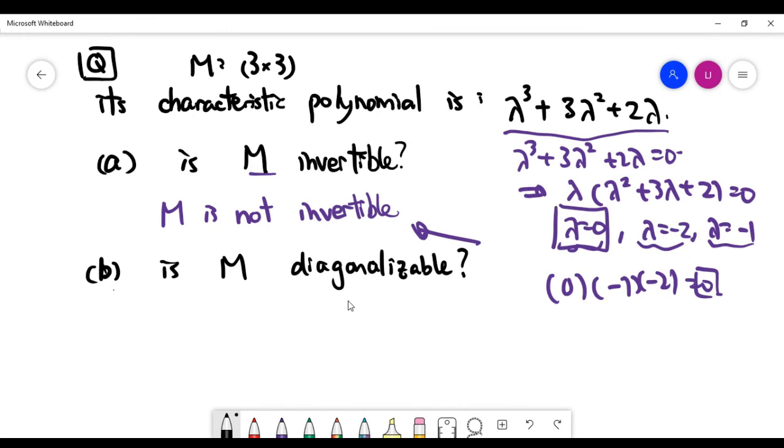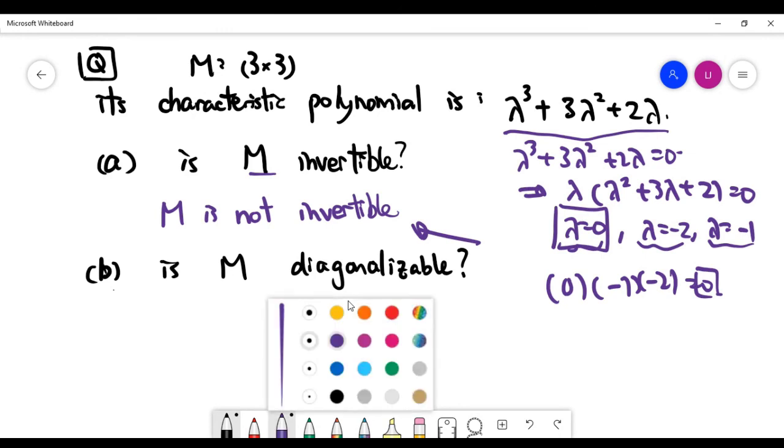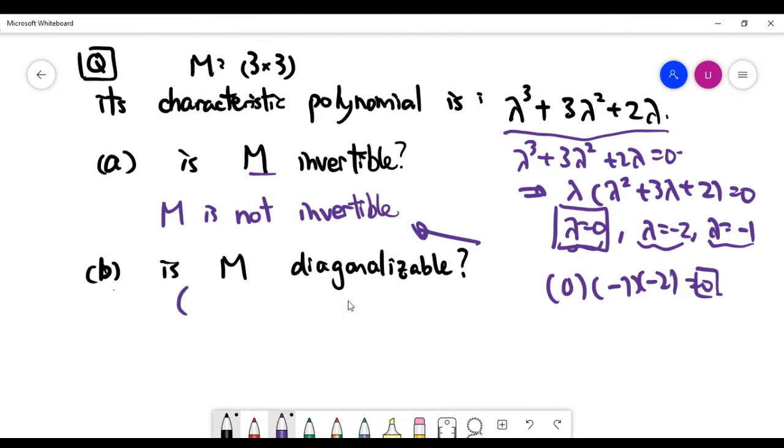I'm asking you whether M is diagonalizable. It depends on your knowledge of this topic, and we have described something about that in a couple of videos earlier already.